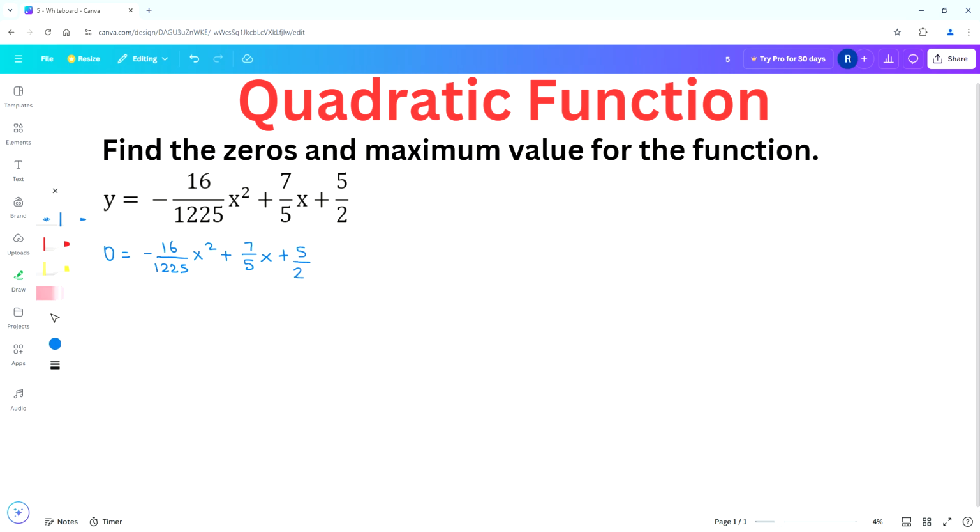We have to solve this equation. This is a complex trinomial, but we cannot factor this equation. So we have to use quadratic formula to solve this equation.